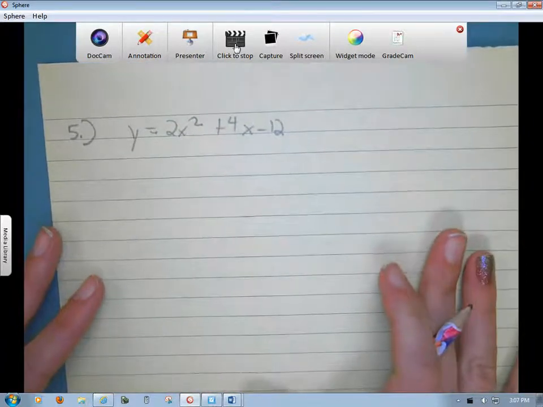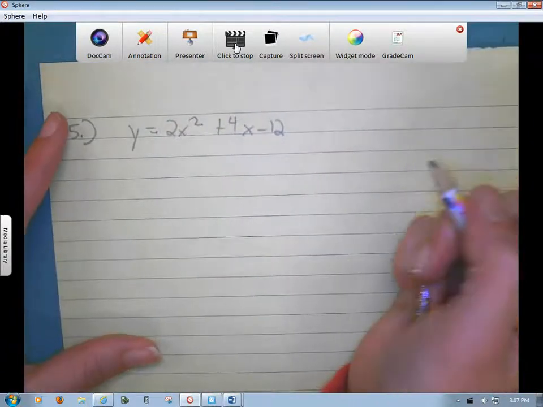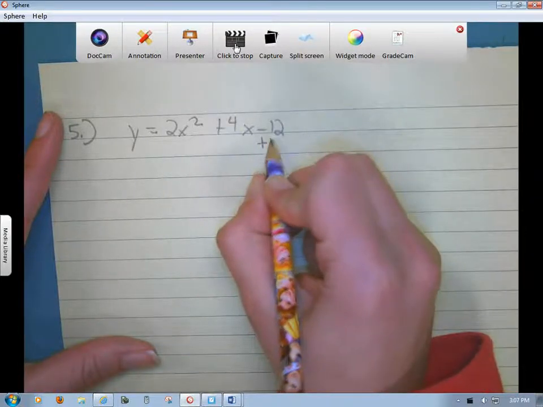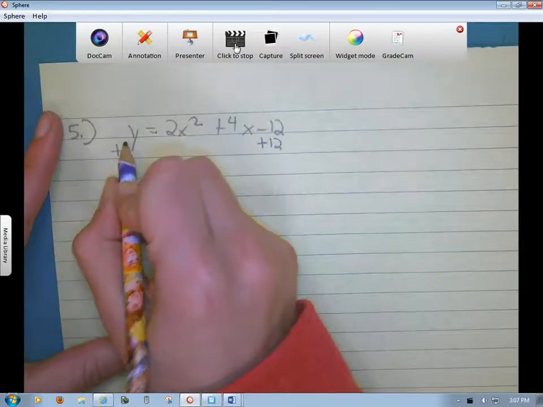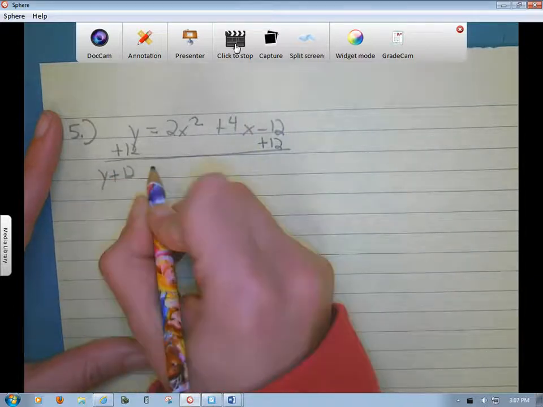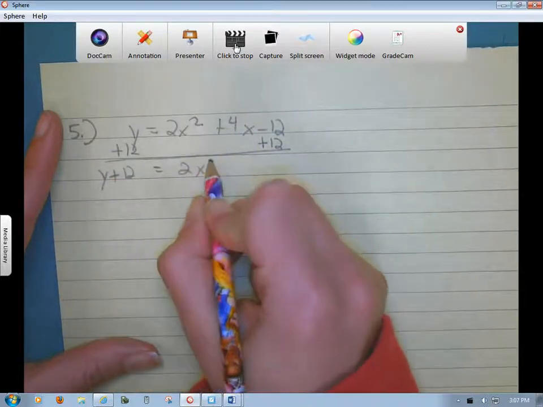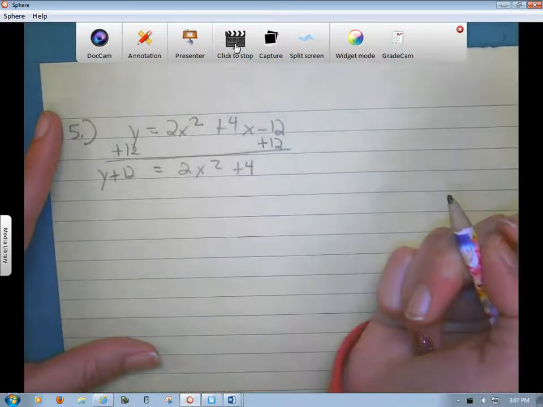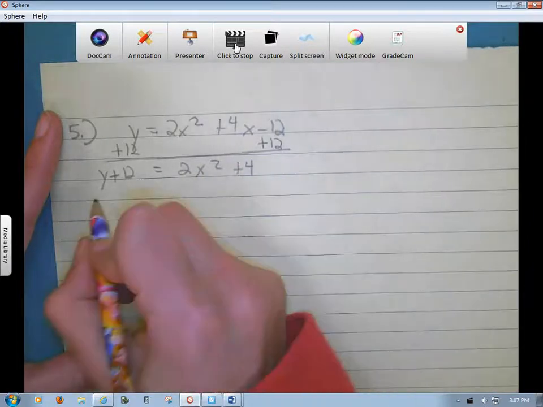Okay, so if we're going to complete the square, I can get rid of this, move c over. Okay, now I'm going to pull out the GCF.